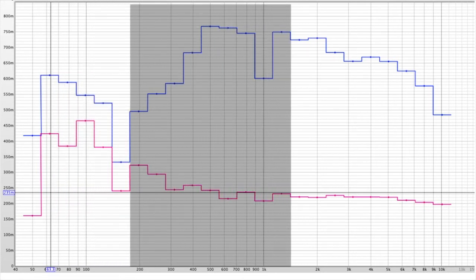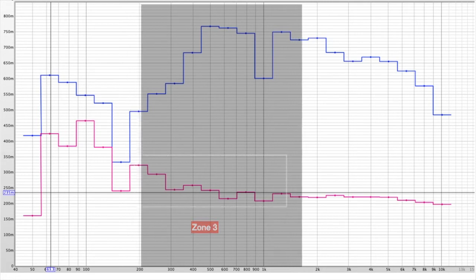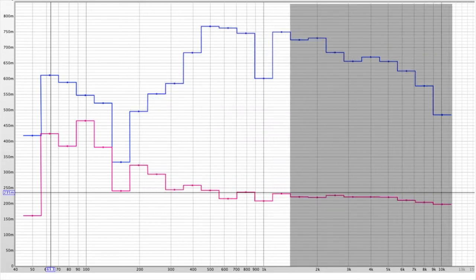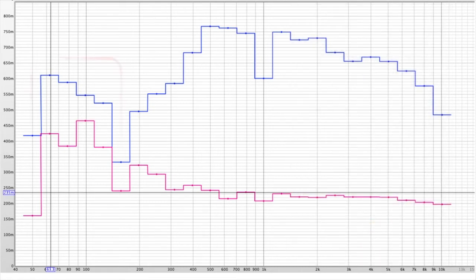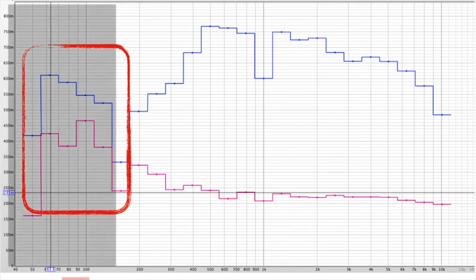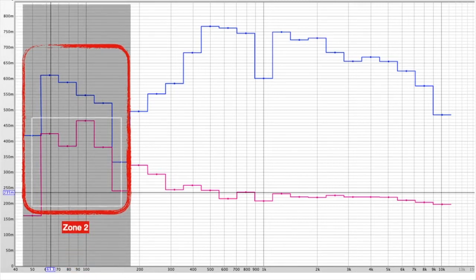Zone 3 3rd octaves are now between 210 and 320 milliseconds, and Zone 4 3rd octaves are between 200 and 240 milliseconds. I've identified the need to resolve the low-end modes in Zone 2. So let's focus now on using bass traps to further improve the RT60 for octaves between 60 and 150 Hz.